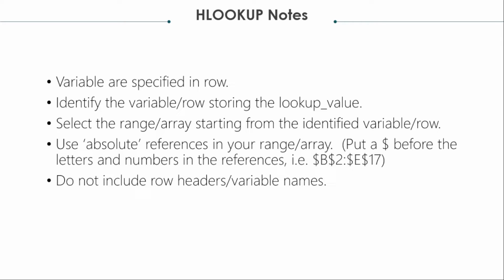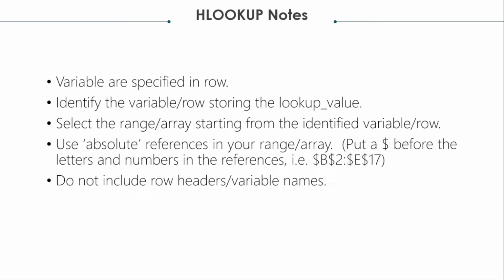Then you need to identify the row storing the value you're looking for. That's the lookup value. Then you select the range starting from that very row housing that particular value you're looking for.